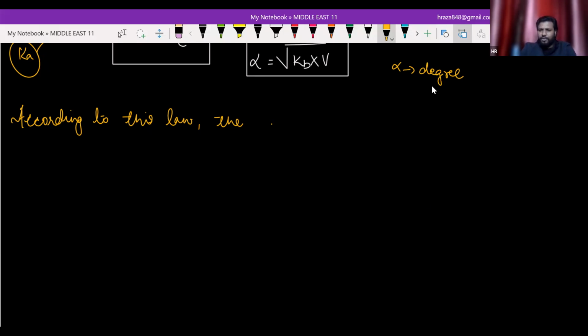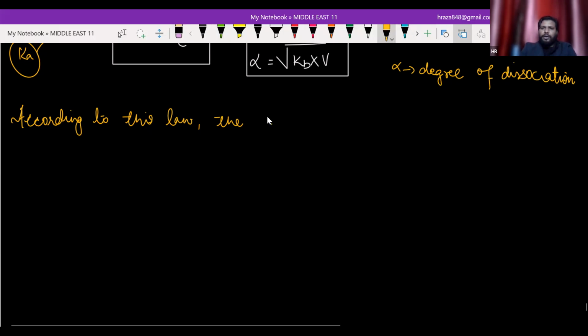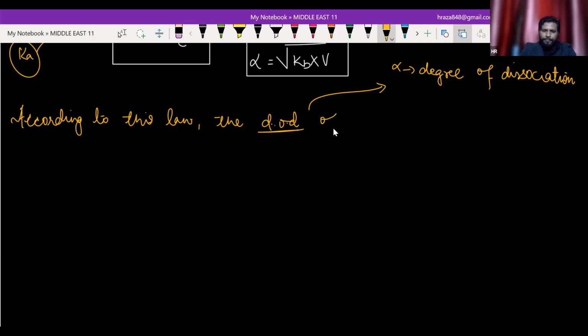That was wrong. Basically, alpha is the degree of dissociation. According to this law, the degree of dissociation, I am writing DOD, DOD stands for degree of dissociation, of a weak electrolyte.